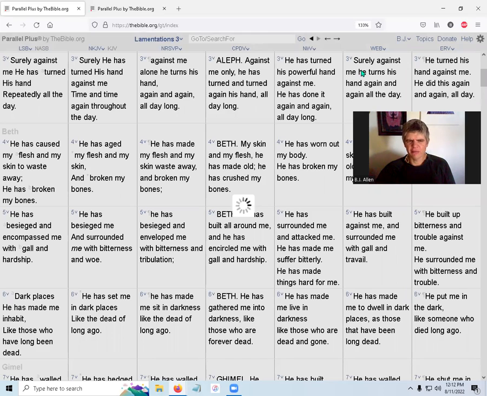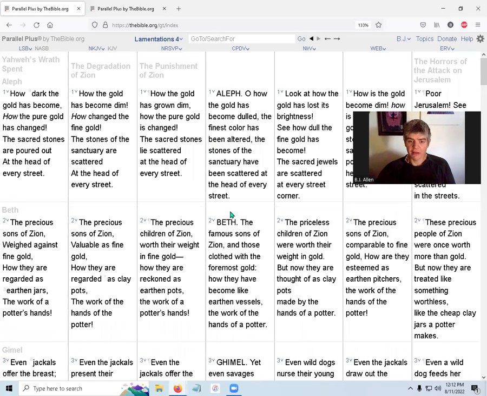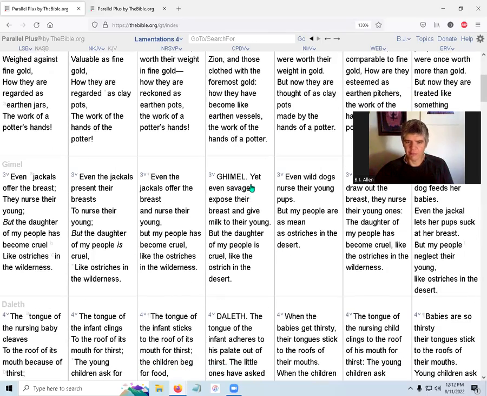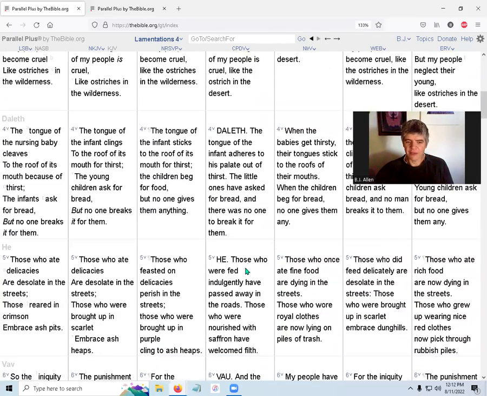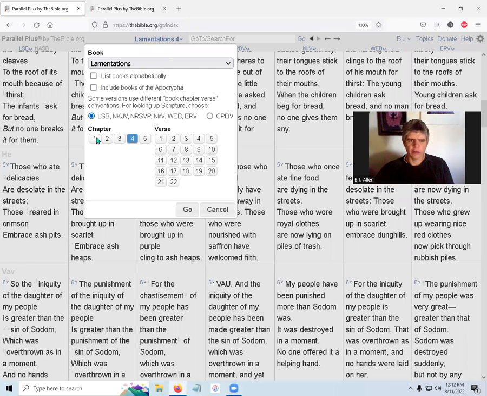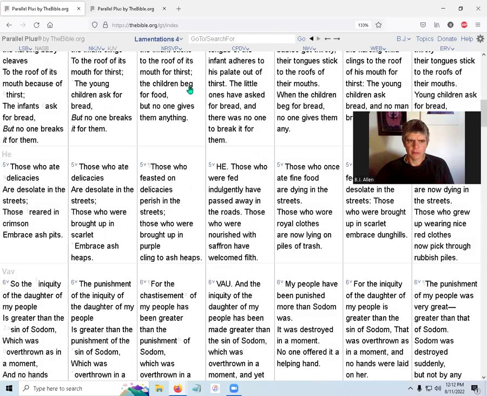Let's see, aleph, bet, aleph. They got the whole refrain, the whole stanza, in one verse. Bet, the whole stanza in one verse. Gimel, dalet, he. Let's look at Lamentations chapter 1. Yeah, vav, he, one verse there.